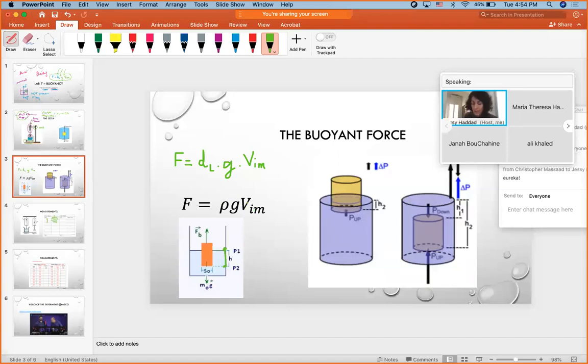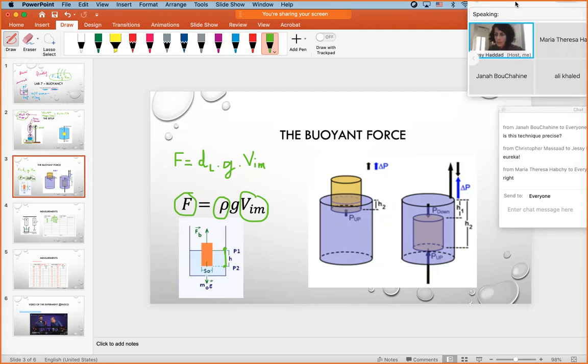Isn't rho times V equal to mass? Rho liquid, and this is the displaced volume, you end up with mass. And isn't that M times G? So the Archimedes upthrust is equal to mg, the weight of the displaced liquid. So if you can collect the displaced liquid in a beaker, measure the mass and calculate the weight, it's equivalent to the Archimedes upthrust. We're not going to do that, but it's good to know.